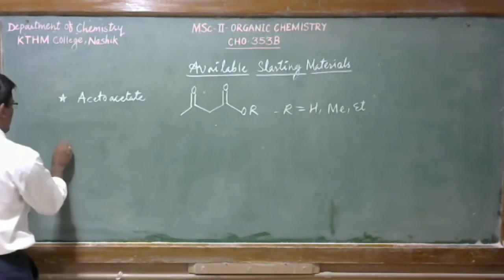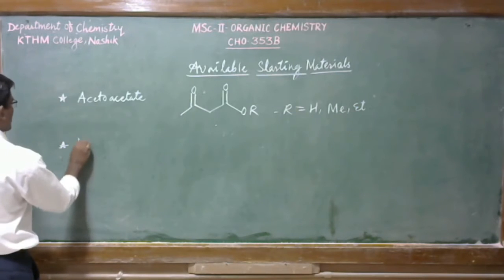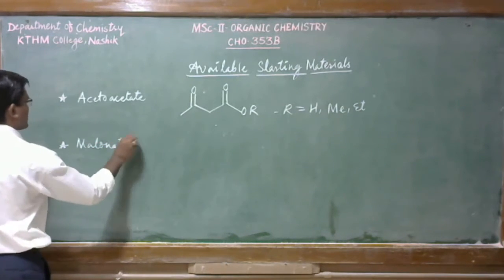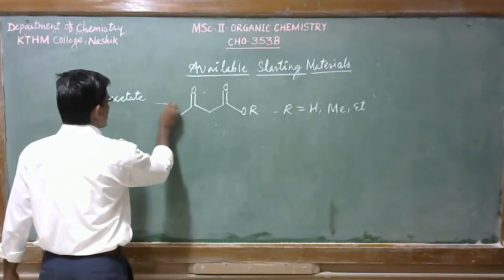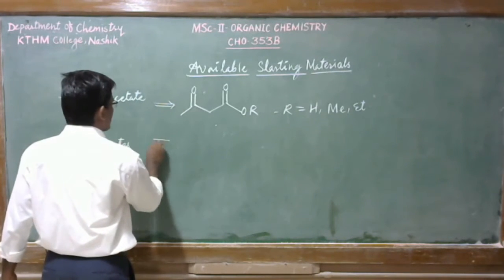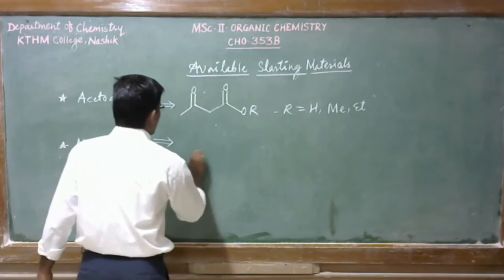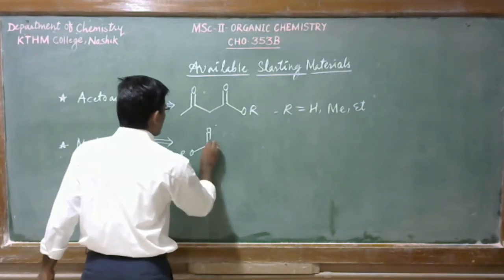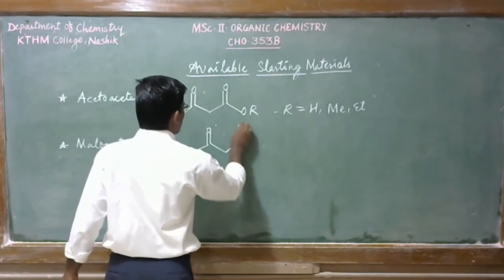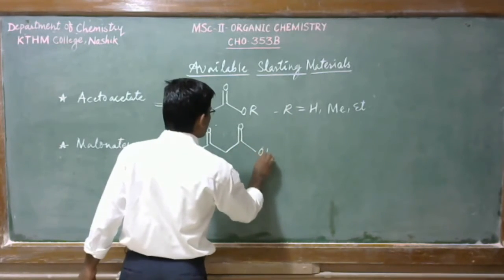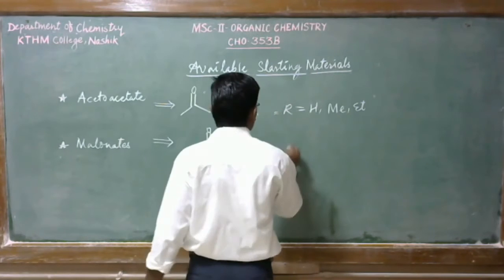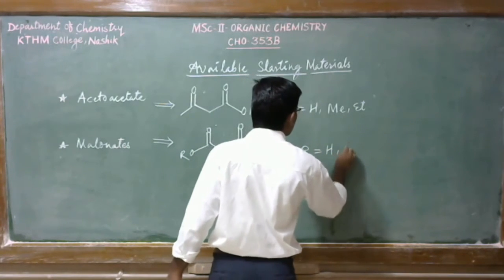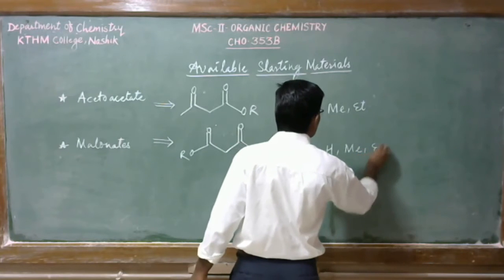Then we have malonates. Here we have these malonate derivatives. For example, this R would be hydrogen, methyl or ethyl.